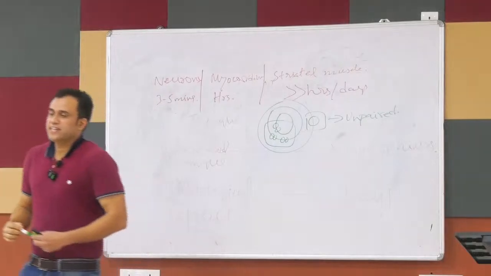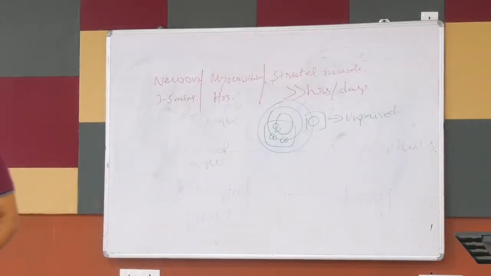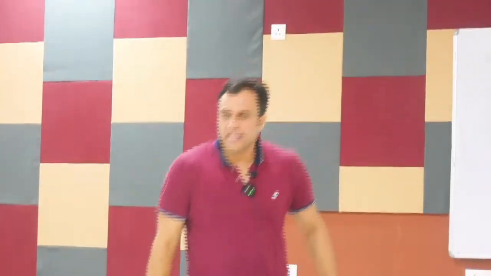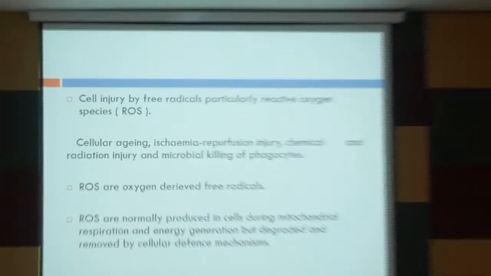So free radicals are nothing but chemical species which have a single unpaired electron in the outer orbit.